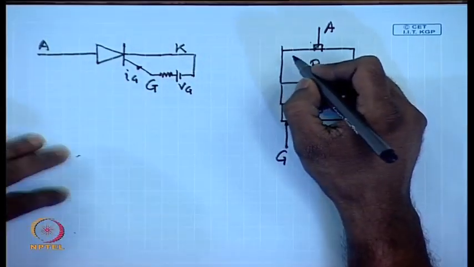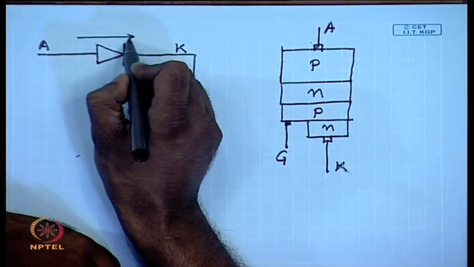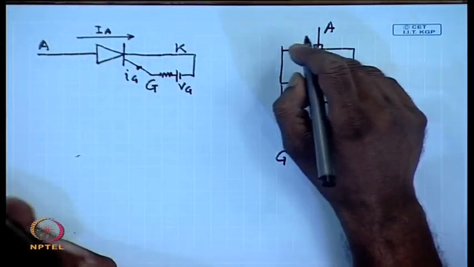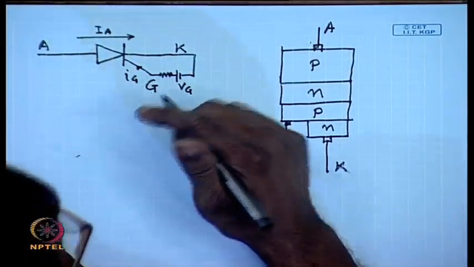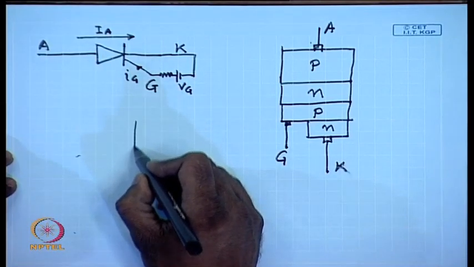However, in order to turn it off, the current flowing through anode and cathode has to be disrupted, brought below a certain level, only then it will turn off. The characteristics look somewhat like this.